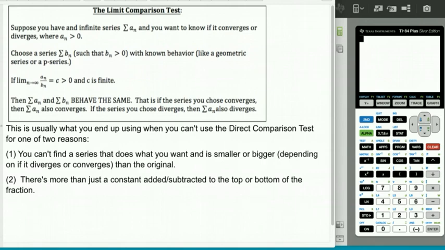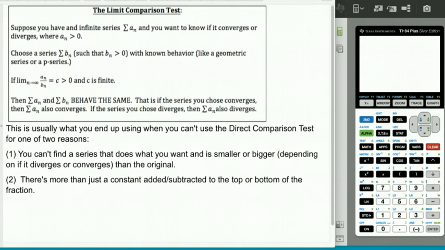All right, so the limit comparison test is similar to the direct comparison test. So suppose you have this same infinite series, the sum of a sub n from whatever finite value, like 1 to infinity or 10 to infinity, and you want to know if it converges or diverges, where a sub n is positive, right?